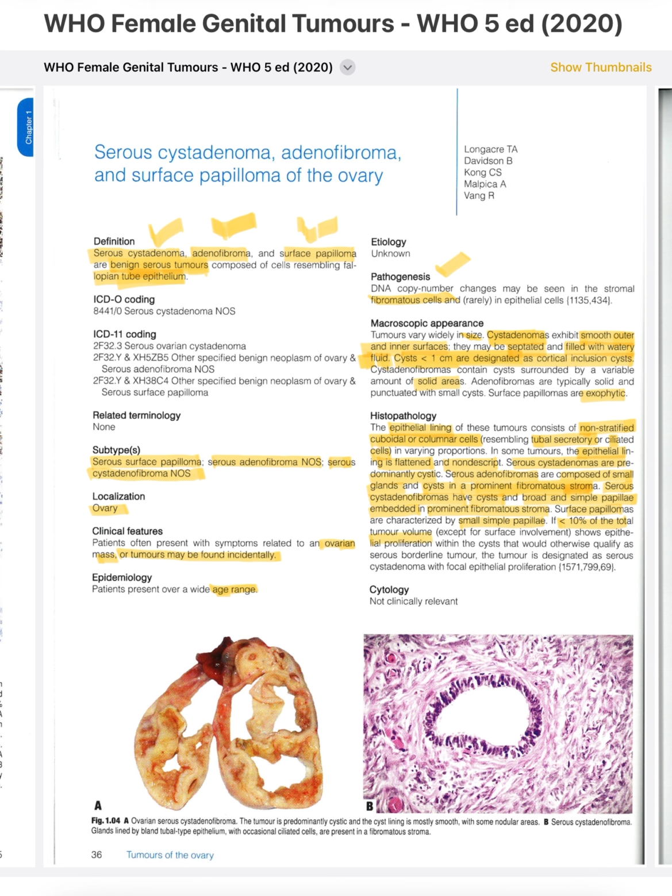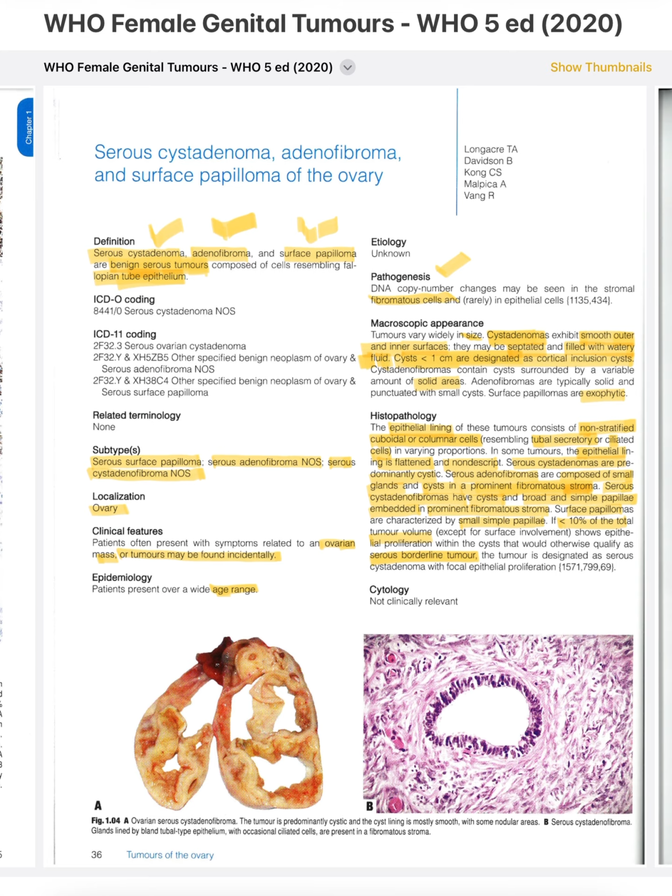If less than 10% of total tumor volume, except for surface involvement, shows epithelial proliferation within the cyst that would otherwise qualify as serous borderline tumor, the tumor is designated as serous cyst adenoma with focal epithelial proliferation.